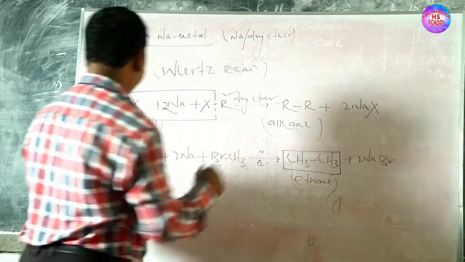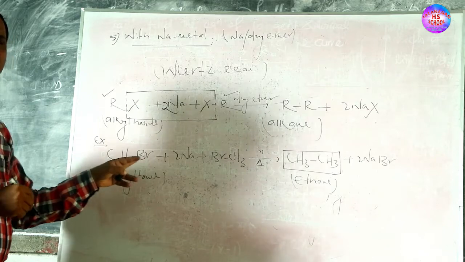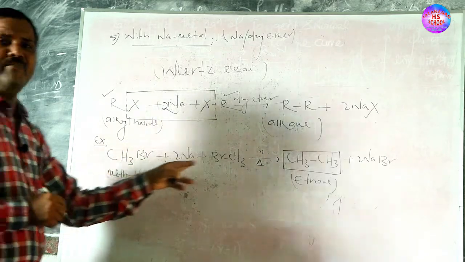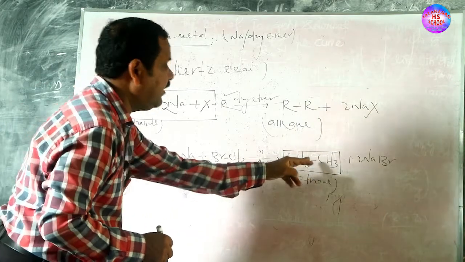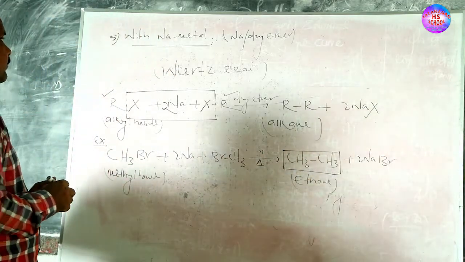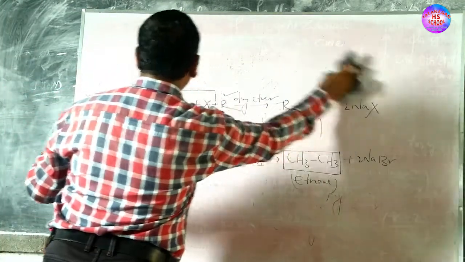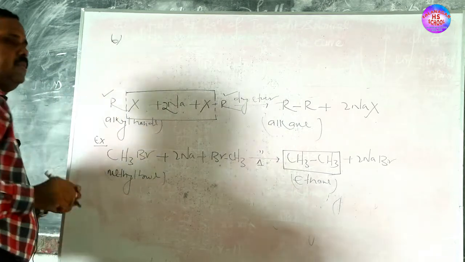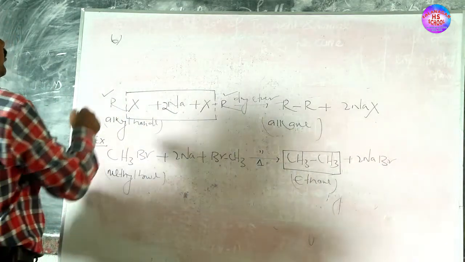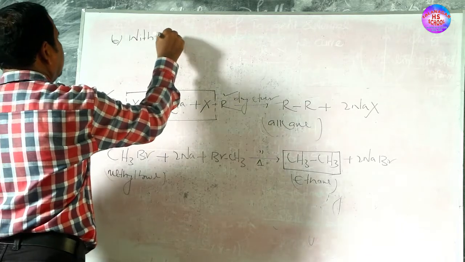What do you see here? The alkyl halide contains one carbon atom, methyl bromide, and the alkane produced contains two carbon atoms, that is a higher alkane. So next, reaction 6: reaction with zinc metal.